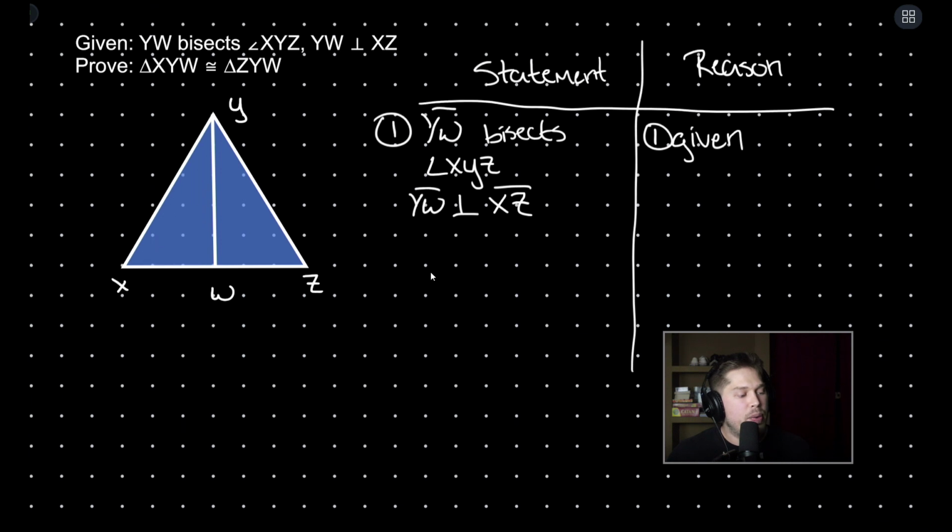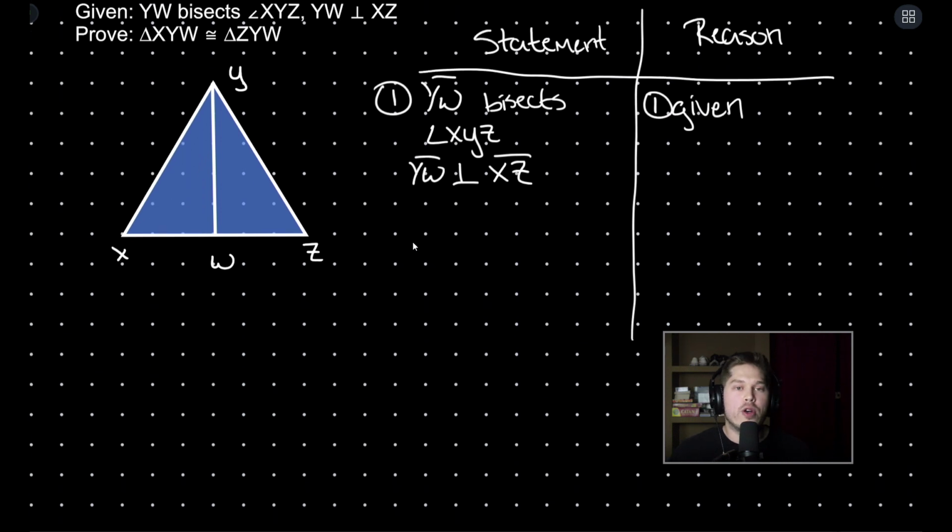The second step is going to be the consequence or the repercussion of your given. Okay, so let's look at what was our given? It was that YW bisects some angle, that angle is XYZ. What's the repercussion of having a bisector? Well, that means that this angle and this angle are congruent.